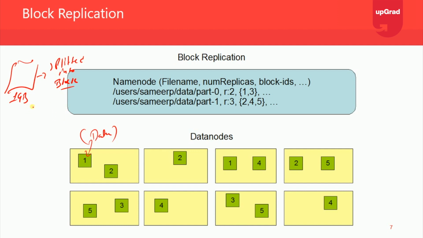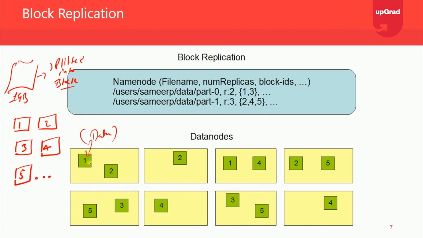Whenever we try to insert any file into the cluster, the file is first of all split into blocks, and each block will be of 128 MB each. So here 1, 2, 3, 4 and 5 are basically the blocks. There will be more blocks here because it is of size, let's say, 1 GB.